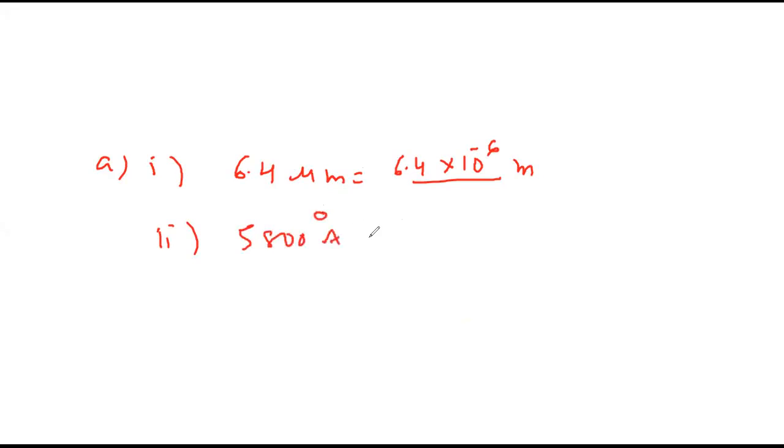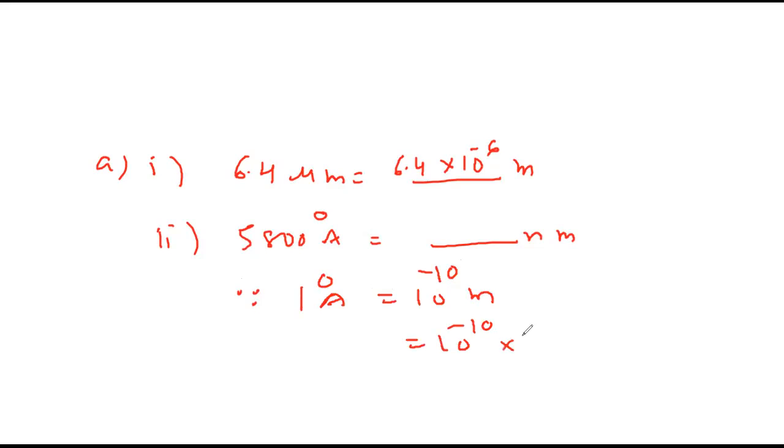5800 Angstrom is dash nanometer. How many nano? See, 1 Angstrom means 10 raised to minus 10 meter. Meter to nano, you have to multiply by 10 raised to 9.